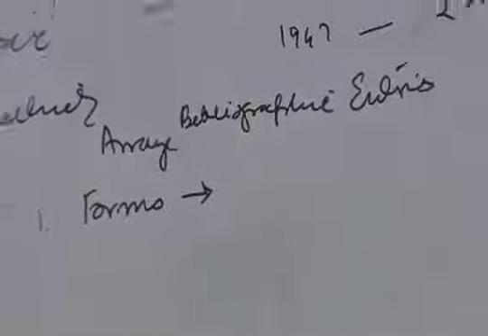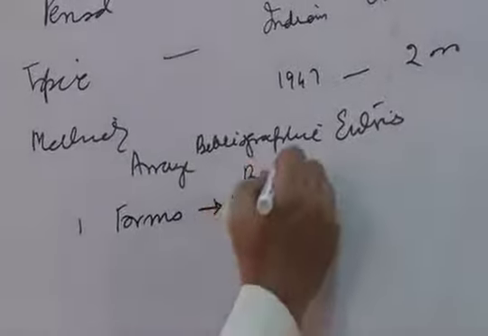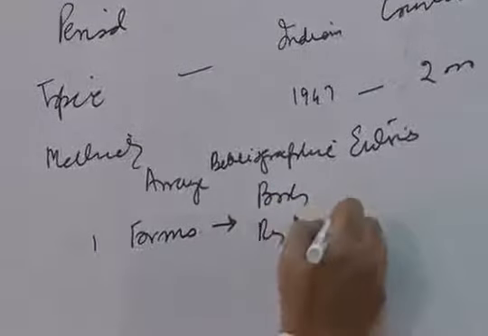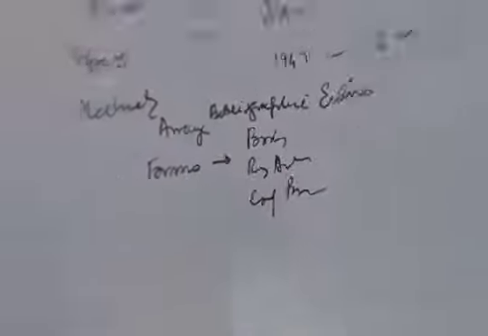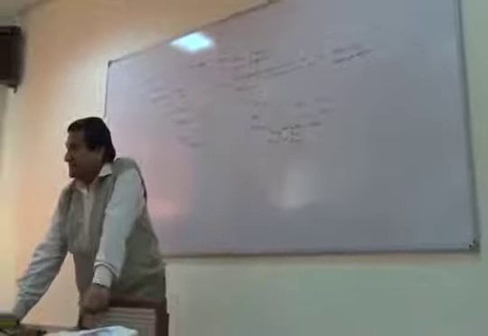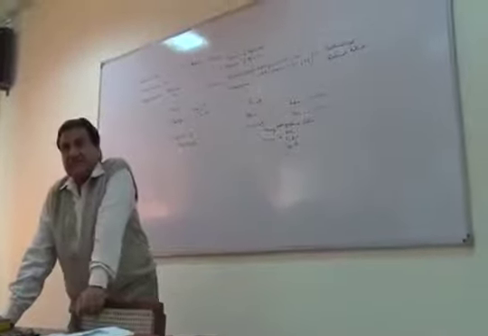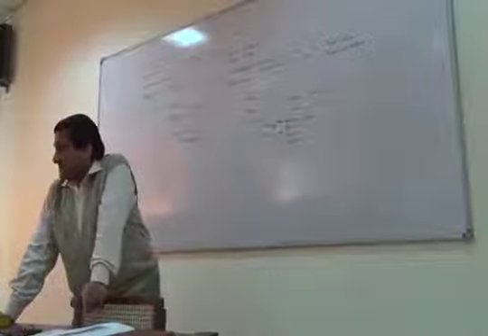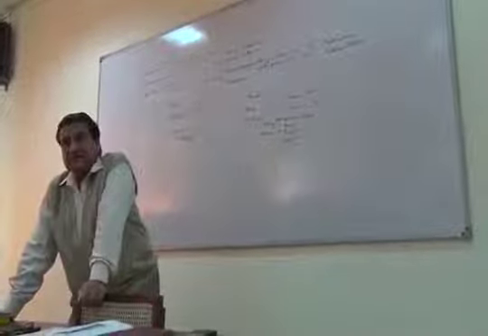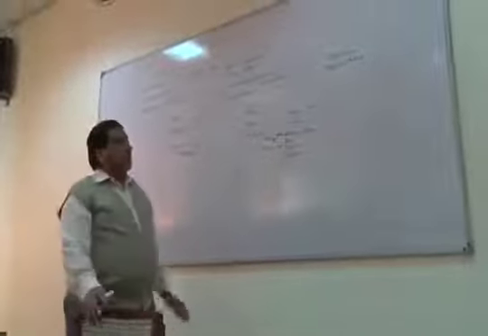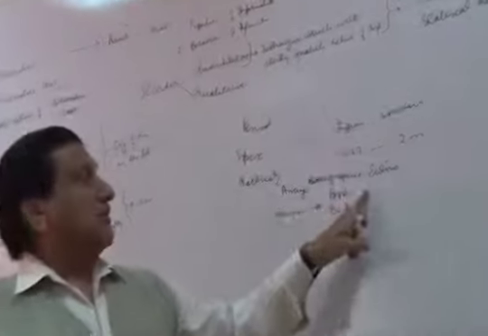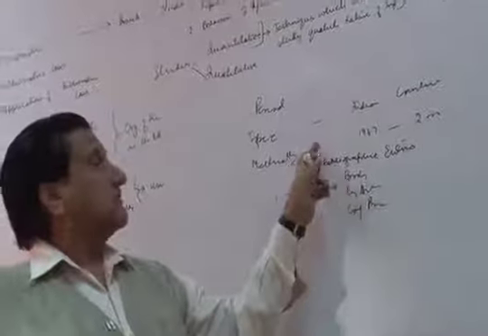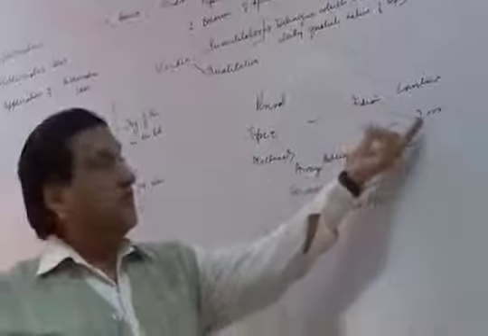Meaning thereby, how many books have been published, how many research articles, how many conference proceedings have been published, like that, maybe some other forms. So you will come to know which form is the most popular for this topic, Indian Constitution, during this period.